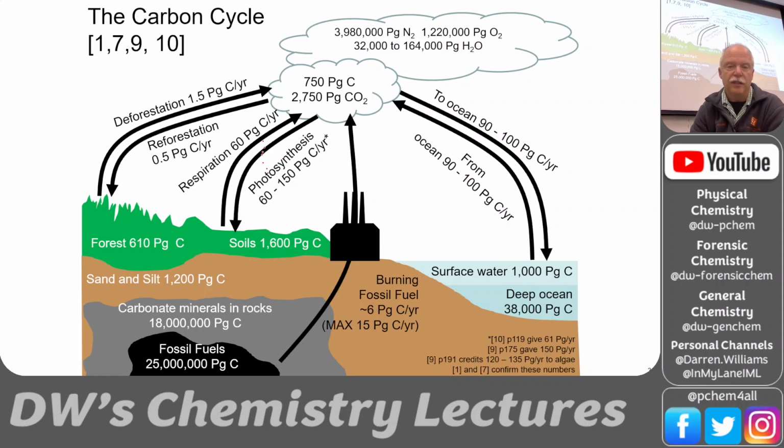And so photosynthesis can drag 60 to 150 petagrams of carbon out of the atmosphere each year. And we're only putting in 6. Max 15. Like if we did that 425, that would be 15 petagrams of carbon per year. And photosynthesis and respiration of bacteria are able to keep that in equilibrium.